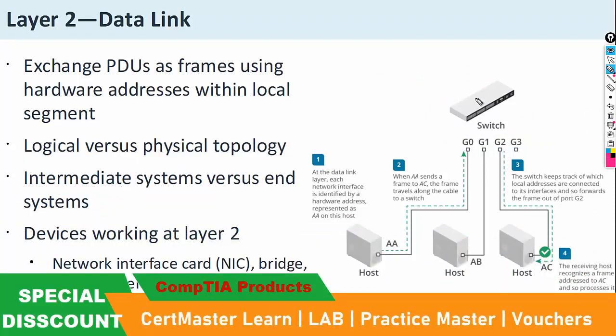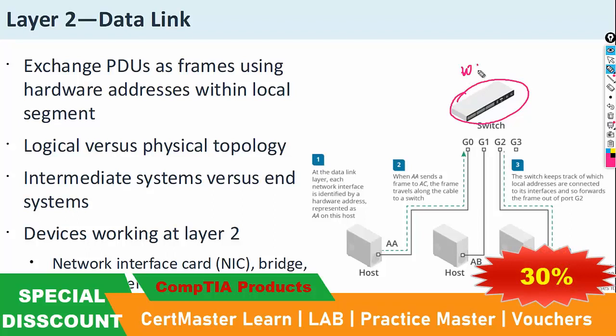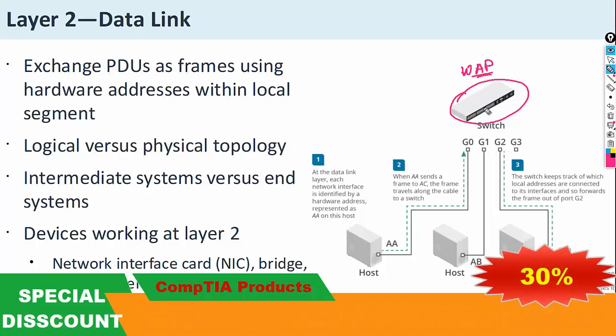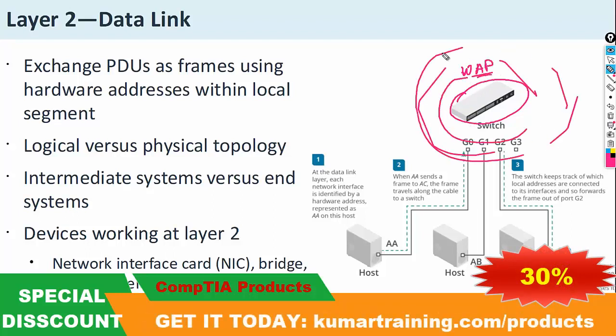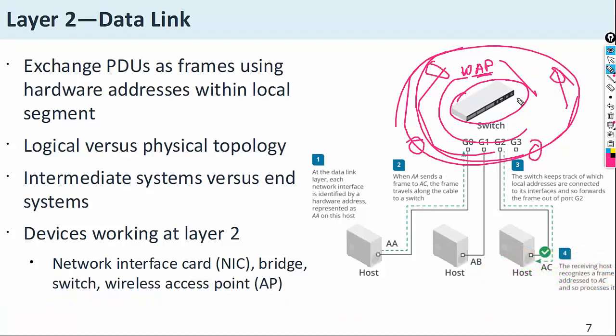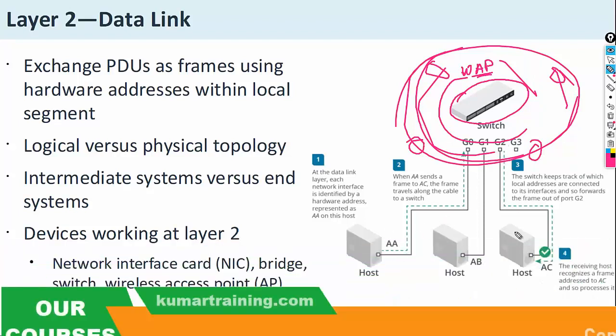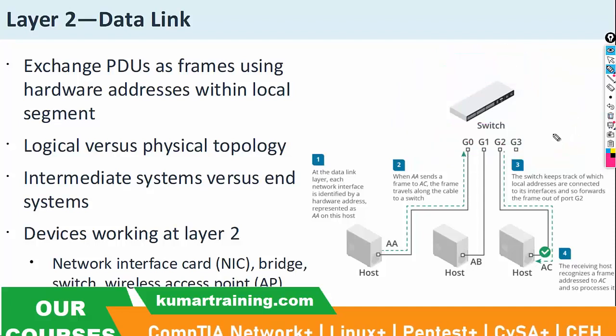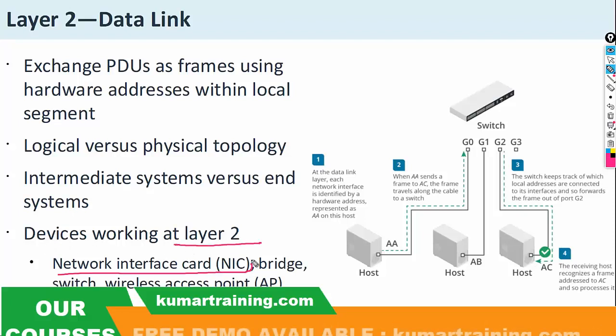On the other hand, if instead of the switch there is a hub or a wireless access point, which broadcasts the signal, all the devices connected to this WAP use the same functionality when communicating with each other. There are devices that work over the network interface card, meaning the LAN card or wireless access card of your device.